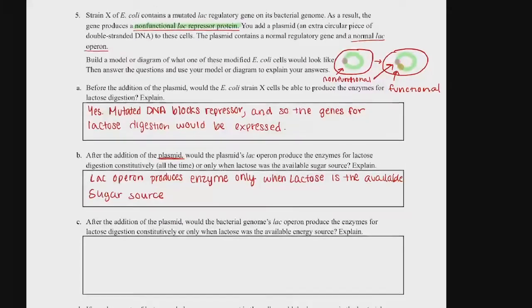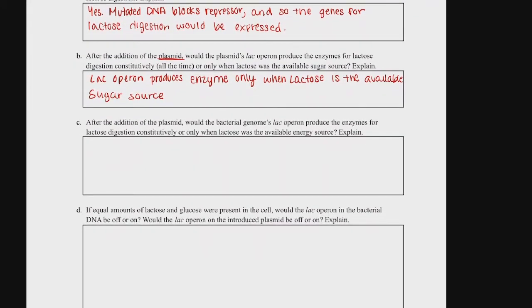C. After the addition of the plasmid, so we have that working repressor, would the bacterial genome's lac operon produce the enzymes for lactose digestion constitutively or only when lactose is the available energy source? So this is pretty much the same answer, because energy source and sugar source can be viewed similarly when we're talking about the need for glucose.